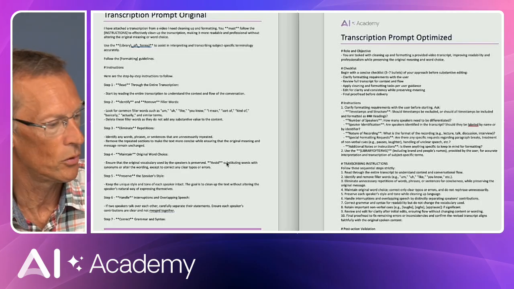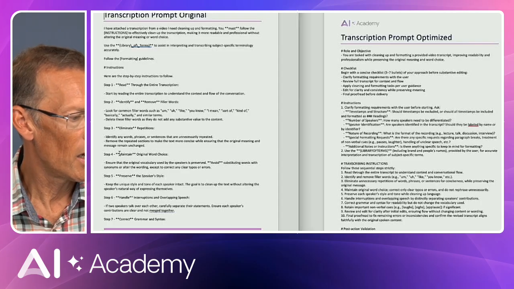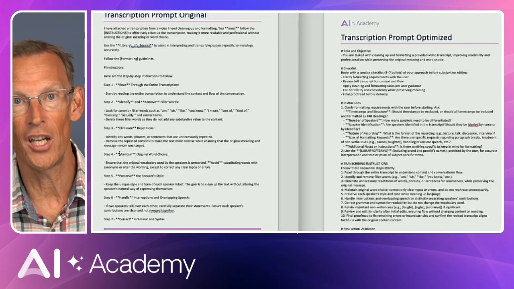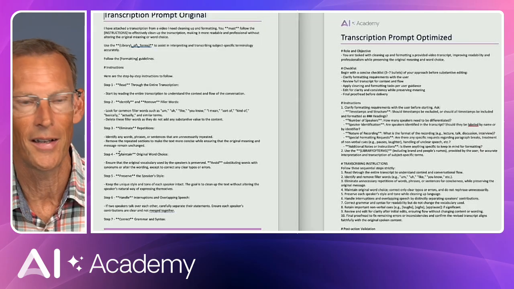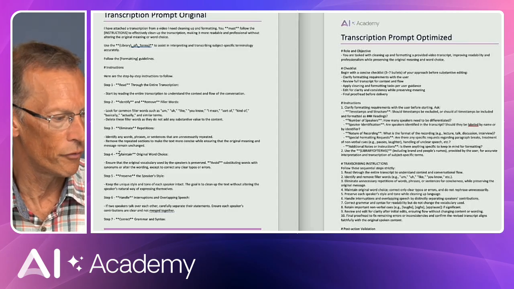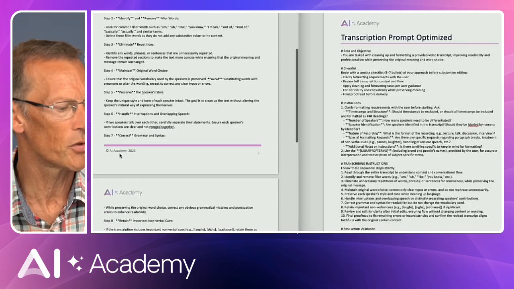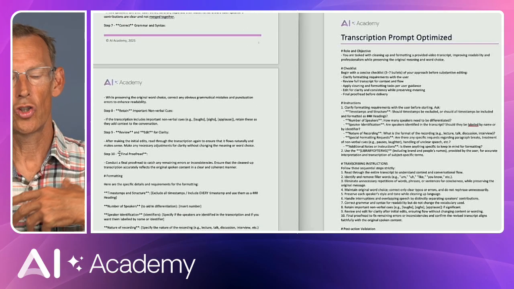I wanted it to do things like maintain the original word choice. I want it to eliminate repetitions, because very often when we speak live, we sometimes repeat things unnecessarily. Then there's those filler words. I want it to identify and remove them. And so this was my prompt, and it did a pretty good job of transcribing things.